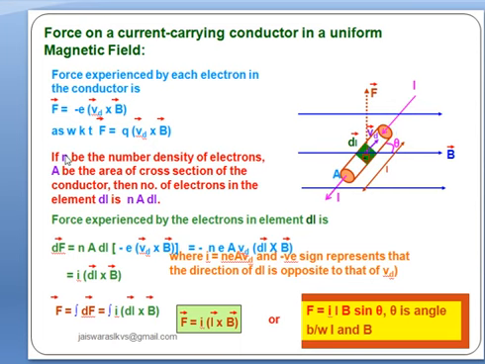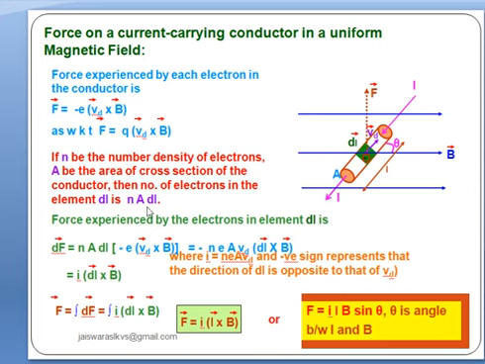Okay, let us consider n to be the number density of electrons and A the cross sectional area of the conductor. Then what will be the total number of electrons in an element of length dl? Definitely it will be n times A times dl, that is nA dl.